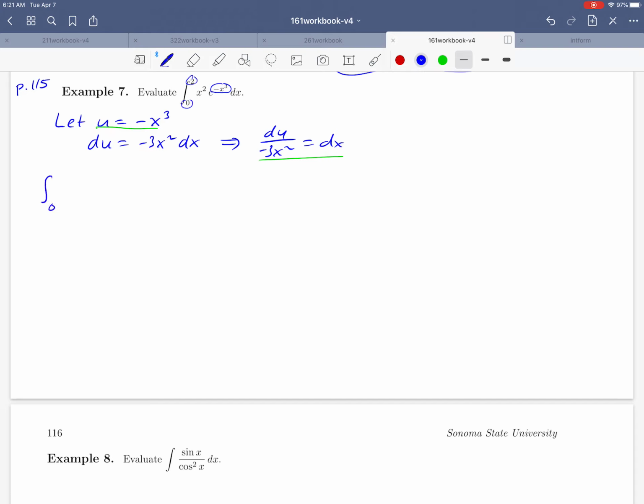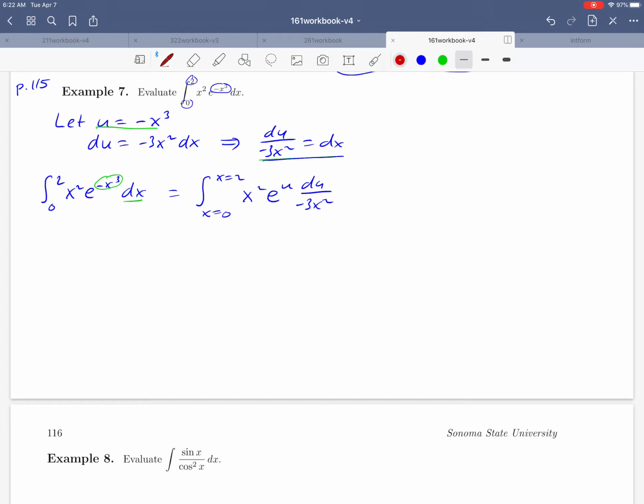All right, so let's rewrite the integral that we started with, x squared e to the negative x cubed. And we're going to make those two substitutions. Let me just circle the substitution. So we're going to rewrite the x squared. Then we're going to have e to the u, because u was negative x cubed, and the dx is going to turn into what we calculated up here, du over negative 3x squared.